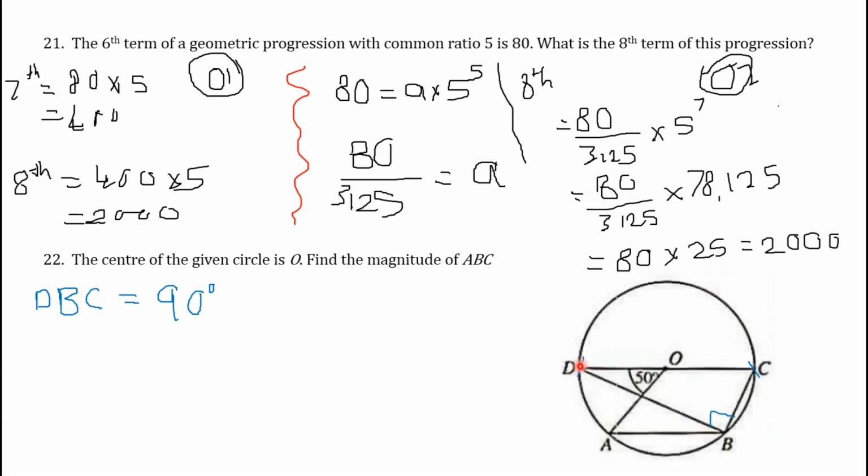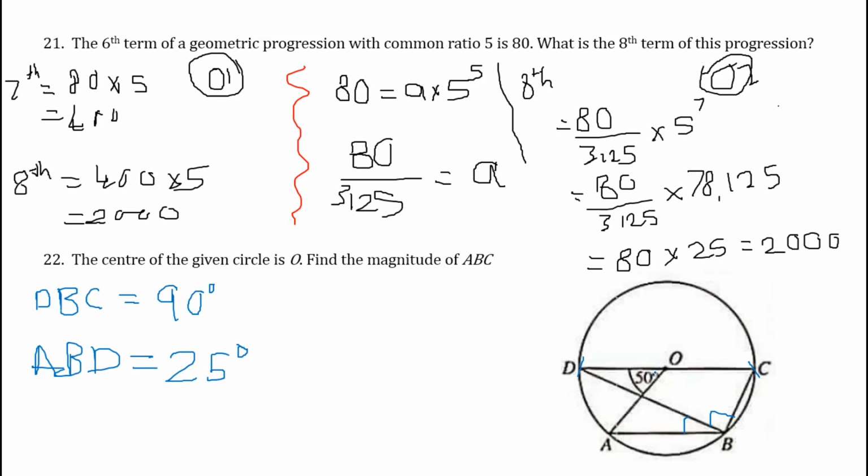But the base should be equal, as I told you previously. And if you take the triangle DOA, the base is AD. And if you take the triangle DBA, the base is AD. Therefore, this angle DOA is 2 times the angle of ABD. Therefore, ABD will be equal to half of AOD. So, ABD will be equal to 25 degrees. Let's write that down.